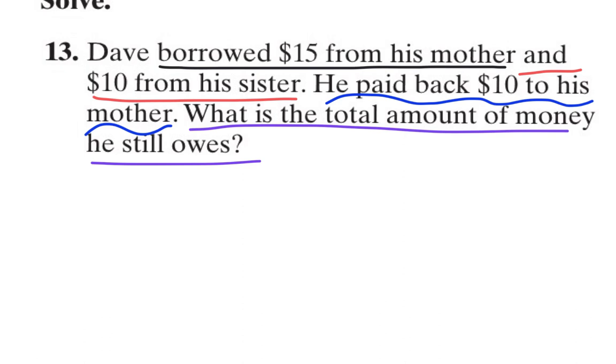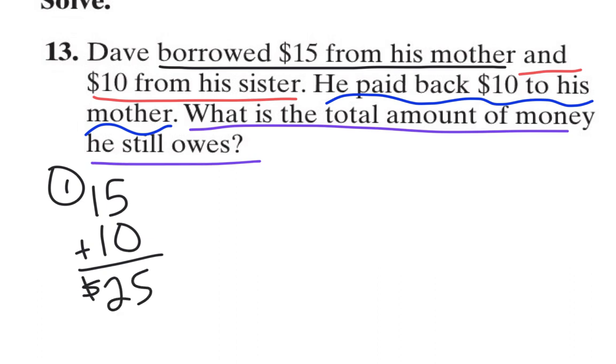So since it just says solve, it's kind of however you want to do this technically. I'll mention how you might be likely to do this problem, and then I'll mention a way we could do this similar to the problems we've been doing. So if he borrowed $15 and then borrowed $10, let's think of how much money he's borrowed. 15 plus 10 would be $25.